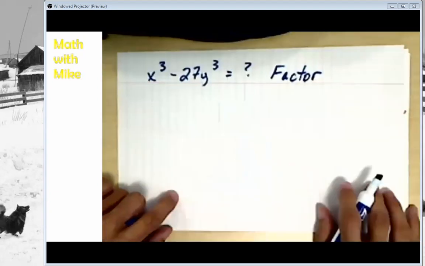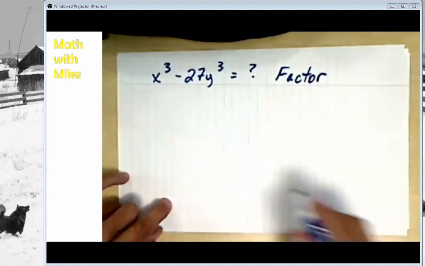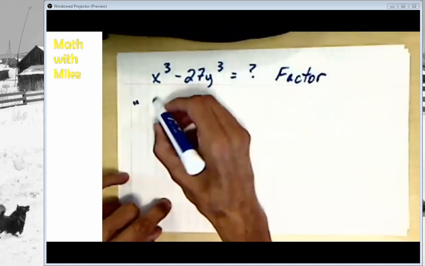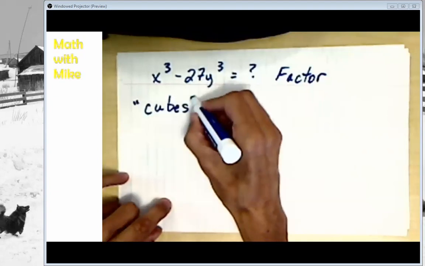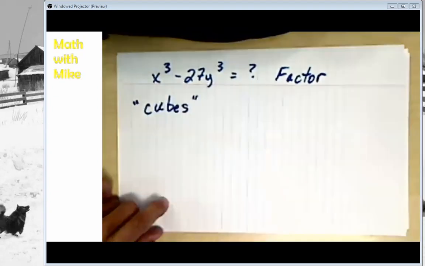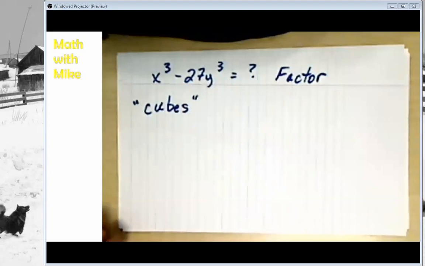And the thing to recognize is that we have cubes there. And if you have cubes, then there's a formula for it that you kind of have to recognize or get from a friend or look on the internet.